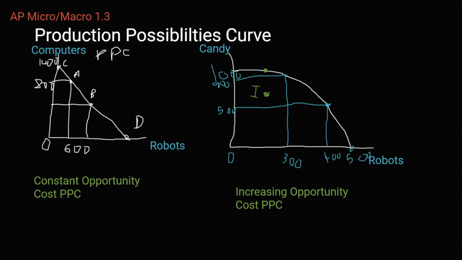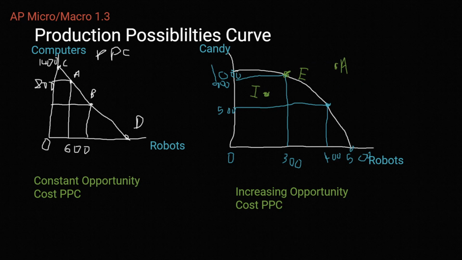Whatever the reason, we're inefficient. We are not using all of our resources. But here, we are using all of our resources. We are efficient. Any point along this curve is efficient. And out here, we currently cannot produce. We cannot currently produce at point A.